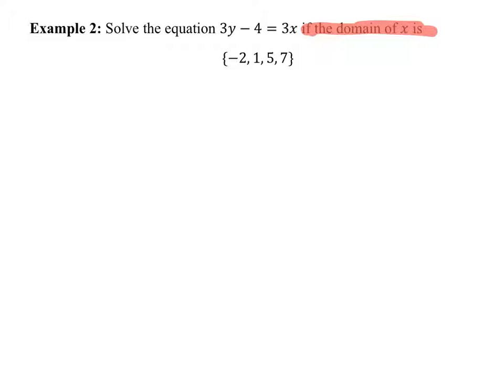What can x be? x can be negative 2, 1, 5, and 7. So you're going to have 4 answers to this. Negative 2, comma something. Negative 1, comma something. 5, comma something. 7, comma something. You follow what I'm saying by something?